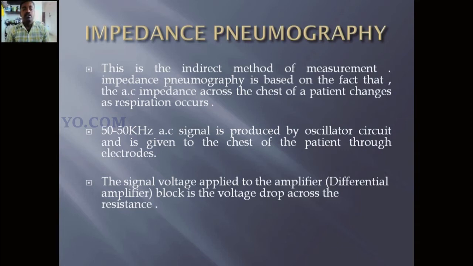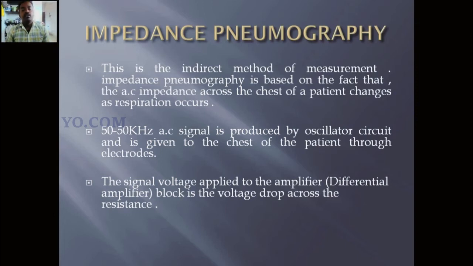Whenever we are breathing, the AC impedance across the chest of the patient changes. These changes can be measured every second, and from that measurement we can observe the respiratory rate.